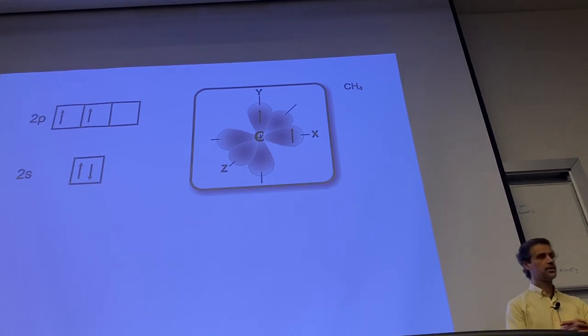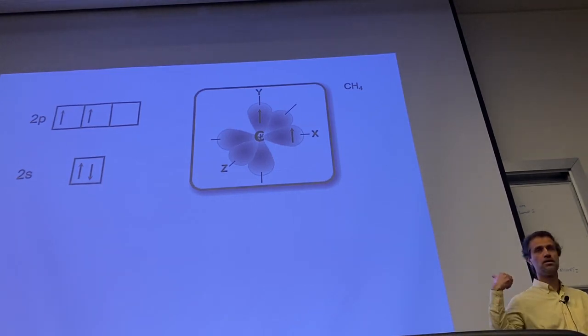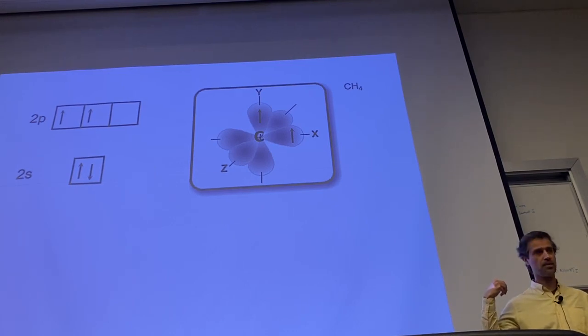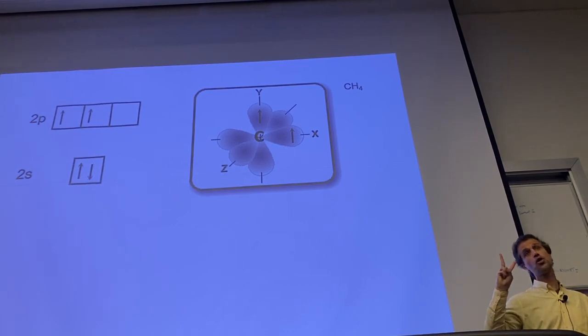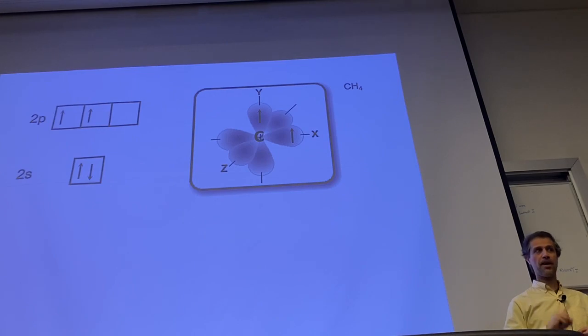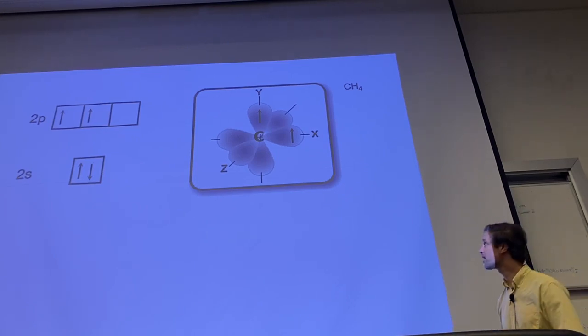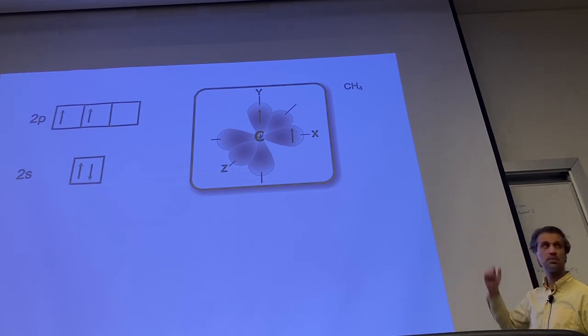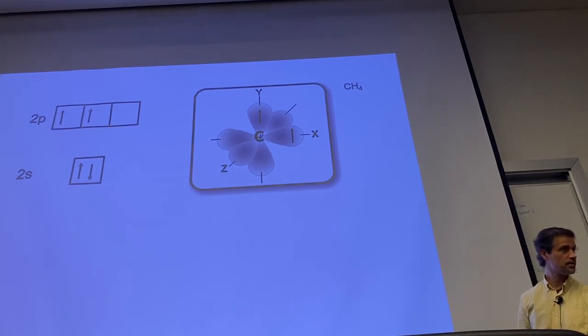Well, I can say there's 2 unpaired electrons here in this atomic carbon. Those 2 electrons could pair up with a single electron that each hydrogen atom has. And if they pair up, they will form a bonding pair, okay? And therefore, that seems to be a very plausible way to proceed.